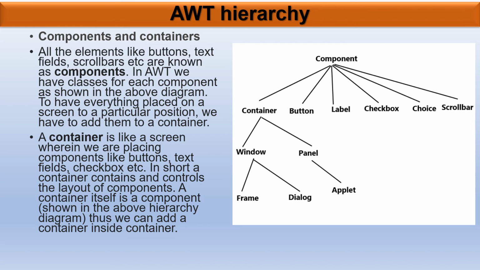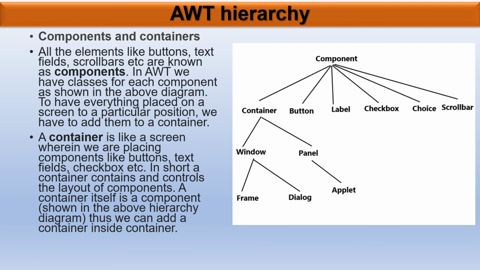In AWT, we have classes for each component as shown in the diagram. To have everything placed on a screen at a particular position, we have to add them to a container. Now, what is this container?